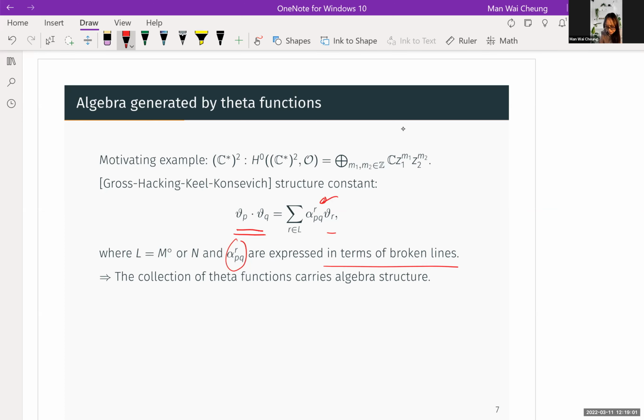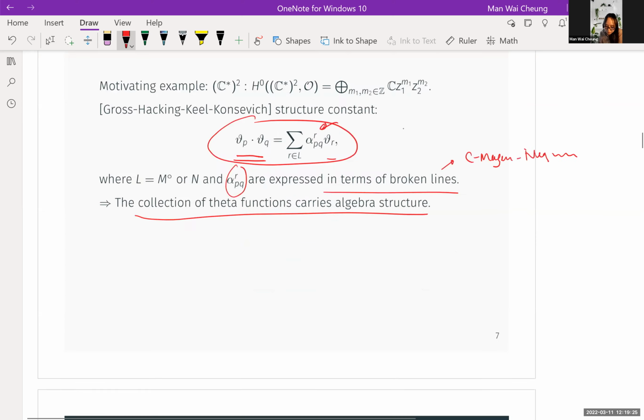And actually, I have other work with Tim Gräfnitz and Lagrangian surface, where we work on these coefficients to give the tropicalization of the cluster variety. But the story here is that we have this multiplication relation, so the collection of theta functions carries an algebra structure.